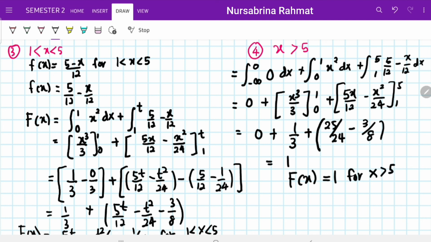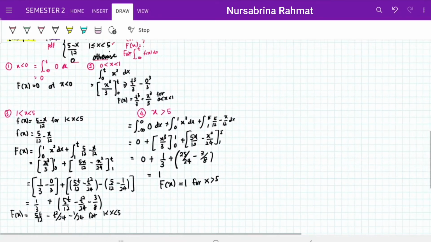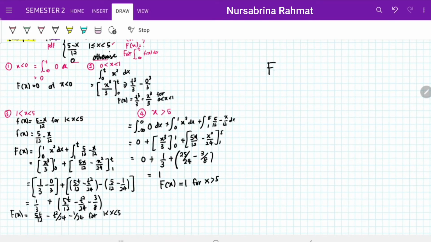After you get all the cumulative distribution functions for these class intervals, you need to summarize them and write down the cumulative distribution function in one. So your cumulative distribution function is first equal to 0 when x is less than 0.